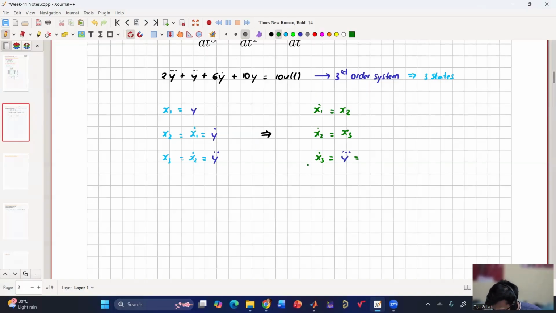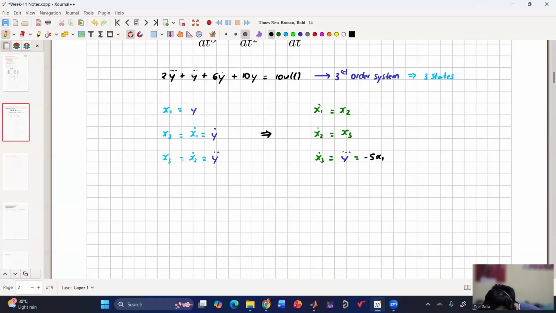So if I take everything onto the right hand side and divide by 2, I'll get the y triple dot expression, which is minus 5 into y, which means x1.